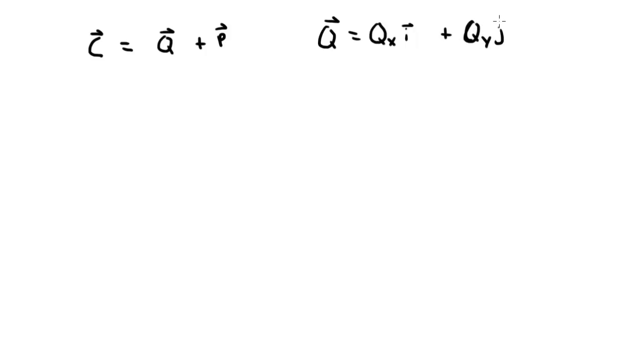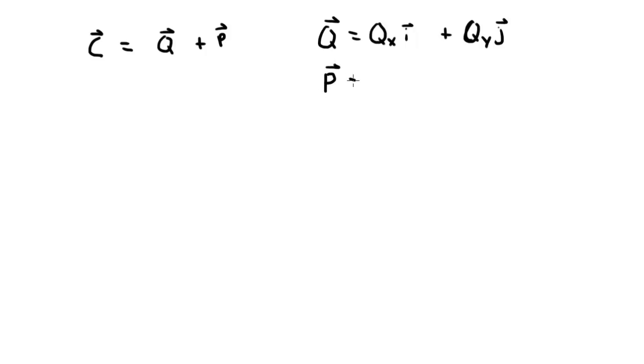First, if I have a vector C that I claim to be the sum of two vectors, Q and P, to determine this addition, I can first write that the vector Q is the magnitude of the x component times i plus the magnitude of the y component times j.